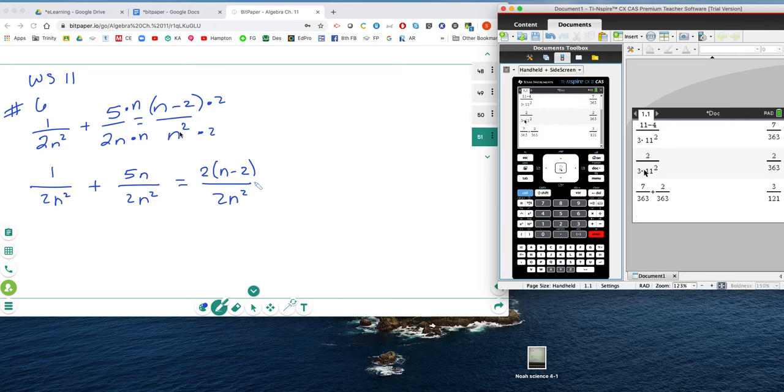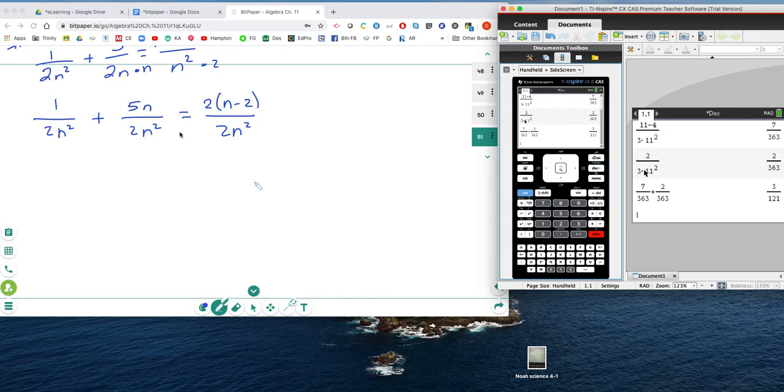All right, all of the denominators are matching now, so I'm going to go ahead and drop the denominators. So this is going to be 1 plus 5n is equal to 2 times n minus 2. So this is going to be 5n plus 1 is equal to 2n minus 4. All I did was the rainbow.